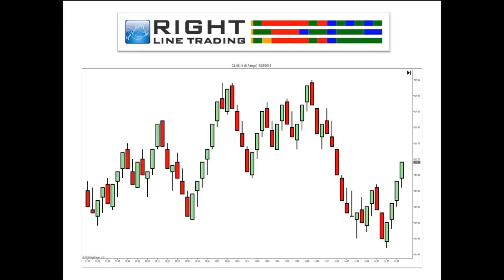This is a crude oil range chart for March. You can see right here, this is an engulfing candle calling a bottom at a swing pivot low. This will be a nice place to take a long based on market structure alone. But then if you start looking at all of the other price action market structure, I don't find that there's enough information here to continually get me into winning trades.